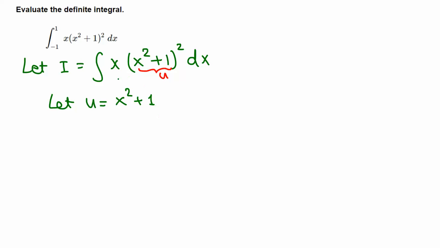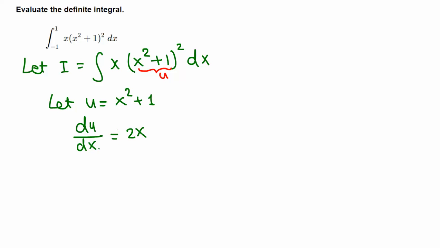Now we want to convert everything in terms of the new variable u. Okay, so we need to convert dx as well. So to get this dx, we differentiate both sides with respect to x. So when we differentiate, we get the derivative of u, du over dx, on the left hand side is equal to the derivative of x squared, which is 2x, plus 0, just 2x.